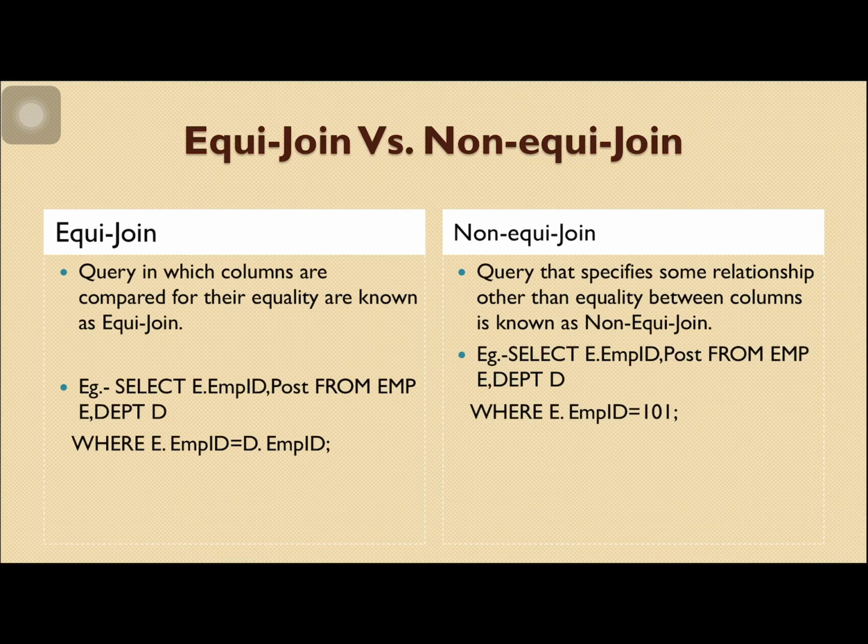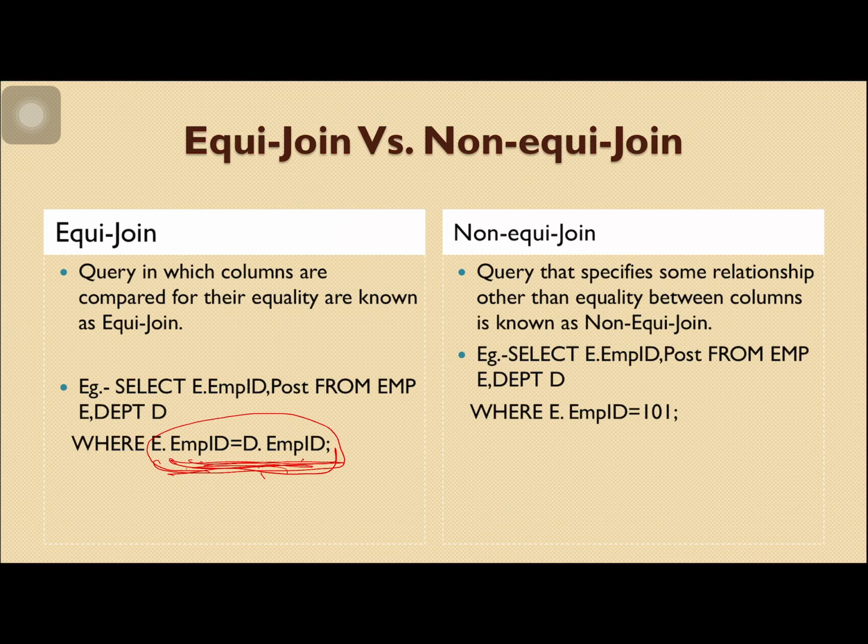Now, equijoin versus non-equijoin. All the joins which contain the equal to sign, where the condition is checked on the basis of equality, are known as equijoin. You can see here the query: select e.employee_ID, post from employee E, department D where e.employee_ID equals d.employee_ID.